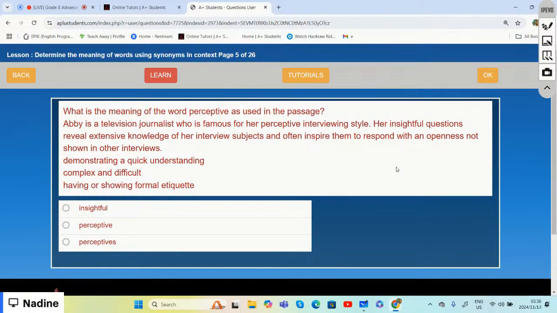It says Abby is a television journalist who is famous for her perceptive interviewing style. Her insightful questions reveal extensive knowledge of her interview subjects and often inspire them to respond with an openness not shown in other interviews. So we need to find the meaning of the word.